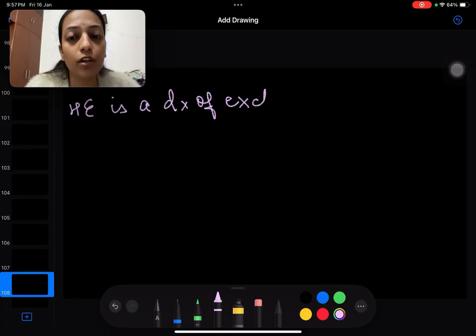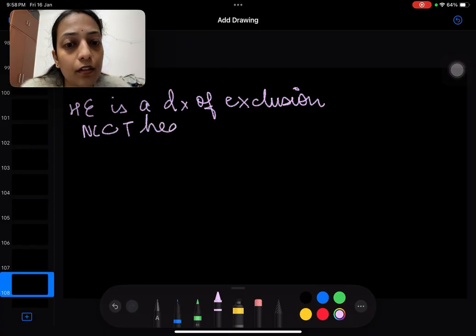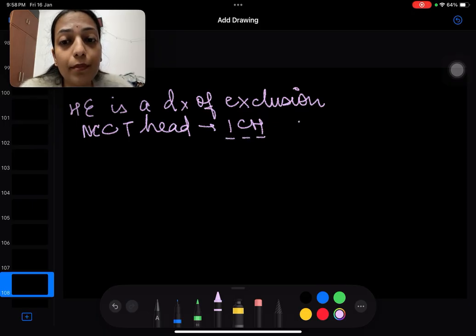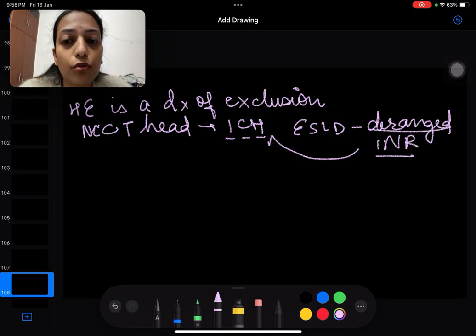Why? Because whenever a patient comes with stupor, with coma, with increased lethargy, etc., that time you have to first get an NC-CT head. Why? Because CT head will tell you about ICH, right? So whenever there is intracerebral hemorrhage, because in end stage liver disease there is so much deranged INR that we do not know what to do.